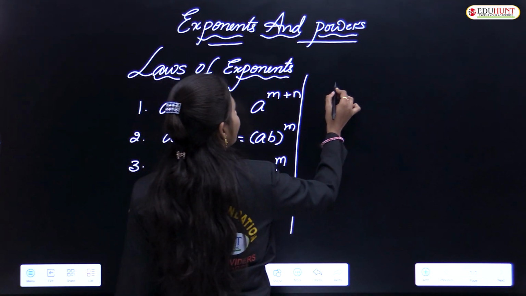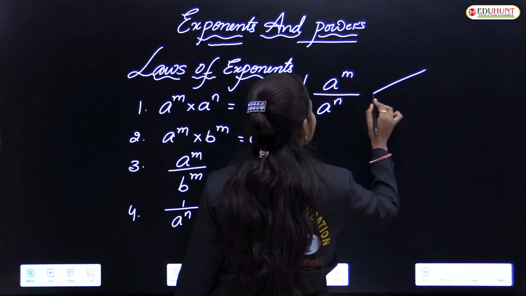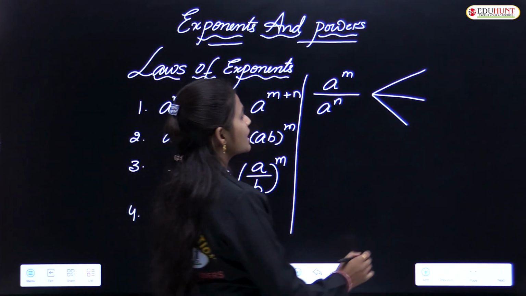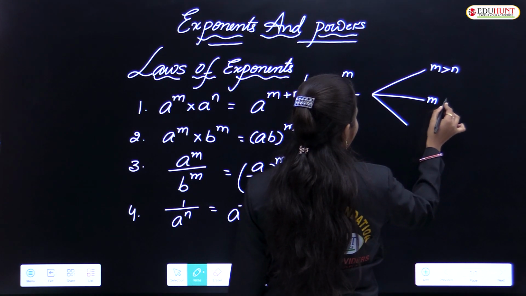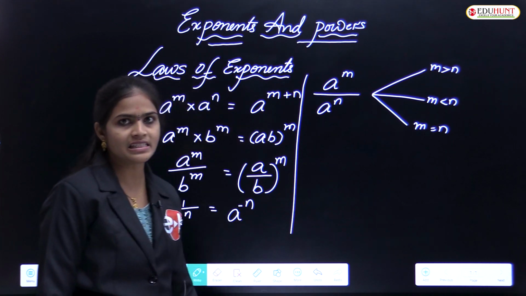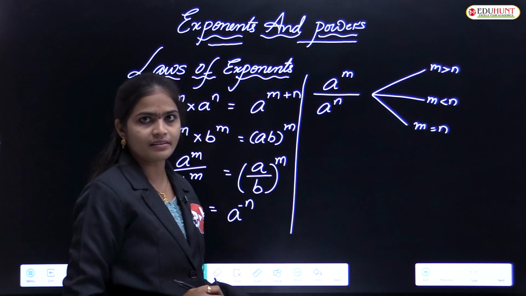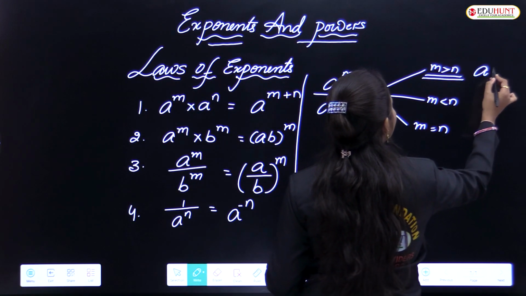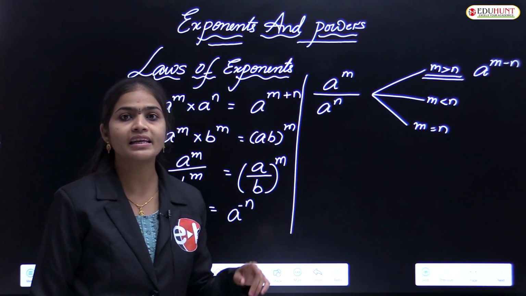After that, a power m by a power n. Here we have three conditions. The first condition is m is greater than n, next m is less than n, next m is equal to n. For the first condition, m greater than n, the formula is a power m minus n.